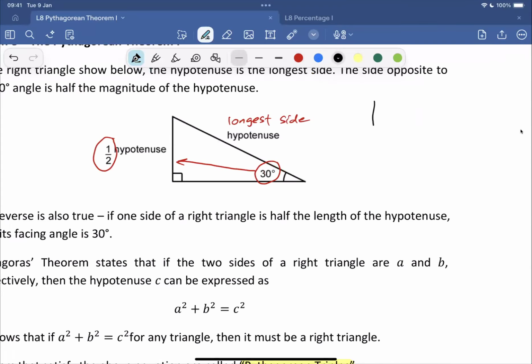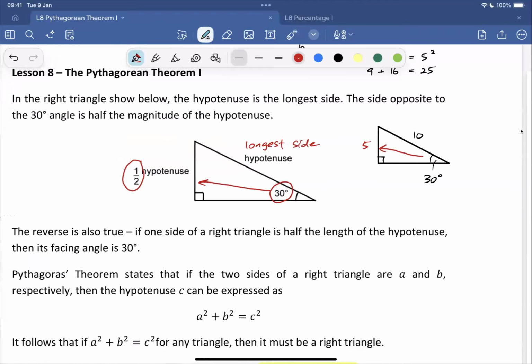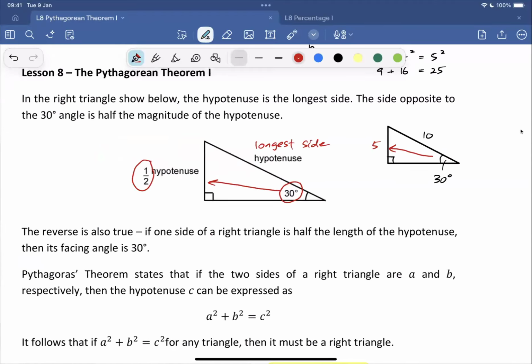So let's do an example. If I were to draw a right-angled triangle, and you see that this is 30 degrees, and I were to tell you that the length of the hypotenuse is 10, then immediately you just look at the opposite side, and you know that this must be 5 centimeters. Okay, students? So this is the 30-degree rule.